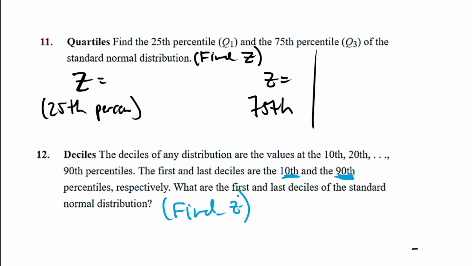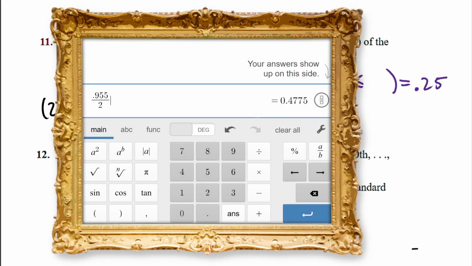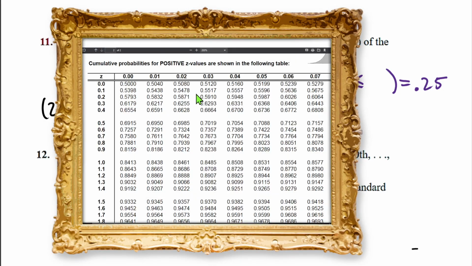If you really wanted to write this out, the way you would show the work for this is you could say the probability of z being less than a certain value comes out to be 0.25. What is that z-score? So I hope you're realizing that we're going to turn right to the standard normal table, and we're going to find 0.25, and we're going to find the z-score.